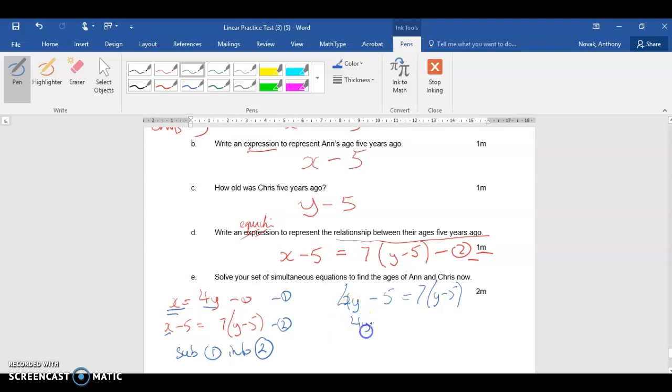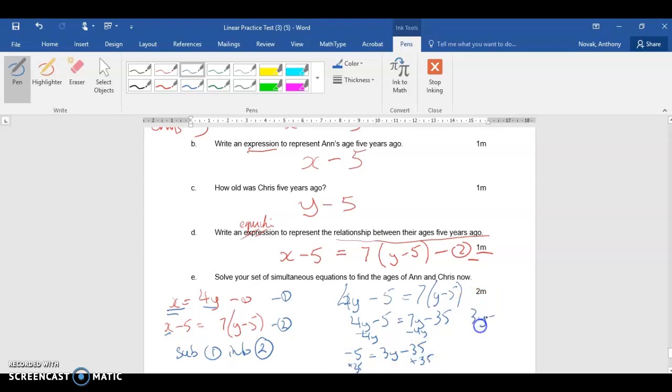So it's 4y minus 5 equals 7y minus 35. Collecting like terms, I would get rid of the 4y, that's minus 4y both sides. So minus 5 equals 3y minus 35. Then plus 35 both sides.